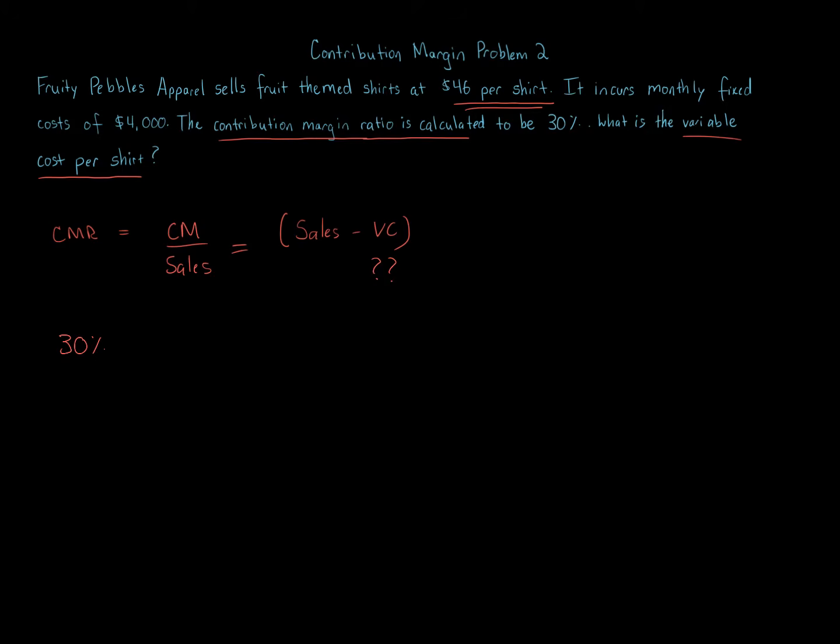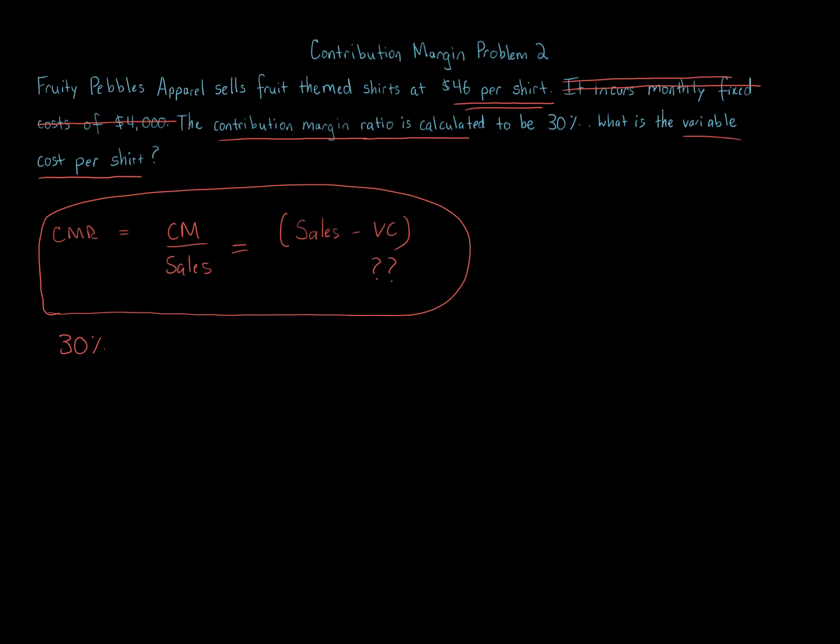As you can see in the contribution margin ratio formula, nothing relates to fixed costs. So we can eliminate that information. It would be important if we're looking at total production costs, but we're looking at solving for variable costs given contribution margin ratio.